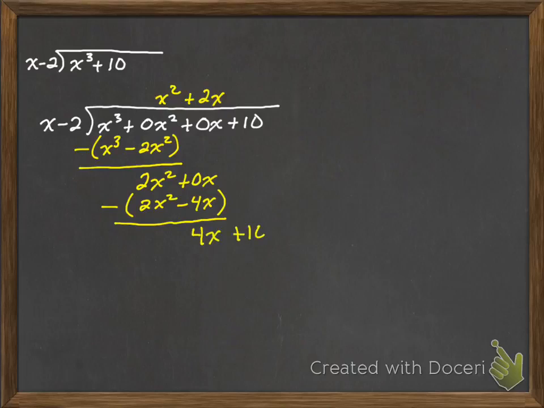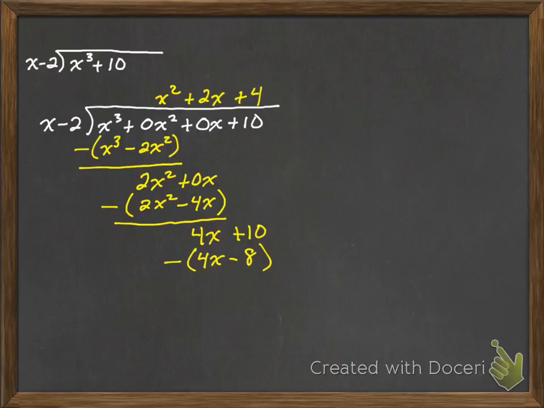Bring down the constant, plus 10. So now x multiplied by 4 will give us the 4x, so we'll put a plus 4 up here. And then 4 multiplied by negative 2 is negative 8.